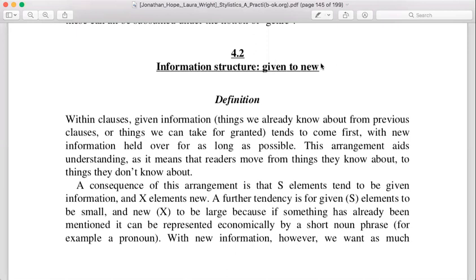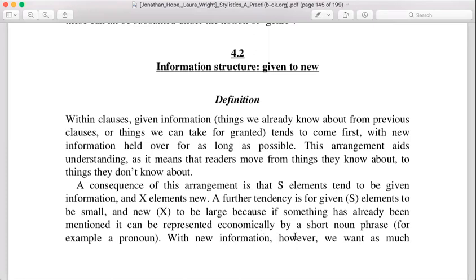For the purpose of convenience, here we are just representing the given with S and the newer information with X. So S are short or small structures, and X might be large structures, because if something has already been mentioned, it can be represented economically by a short noun phrase.